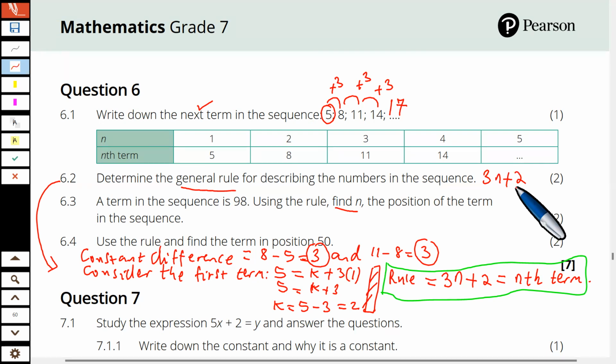Obviously you can say the general rule can be given many ways. You can say add 3 to the preceding term, add 3 to each preceding term. That is also one way to give the general rule, but we're looking at more advanced, more sophisticated ways of thinking. As you prepare to move to high school next year, there's going to be a lot of mathematics done there in the senior phase at grade 8.